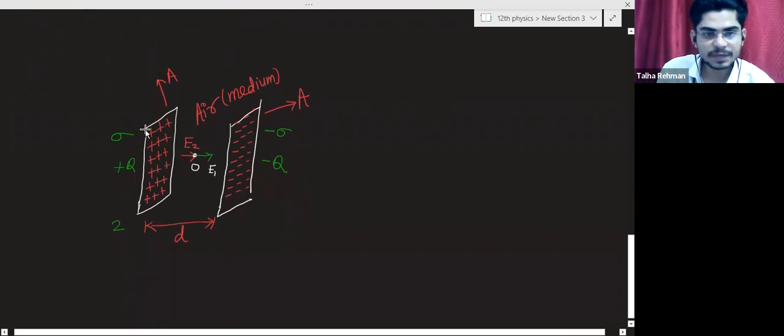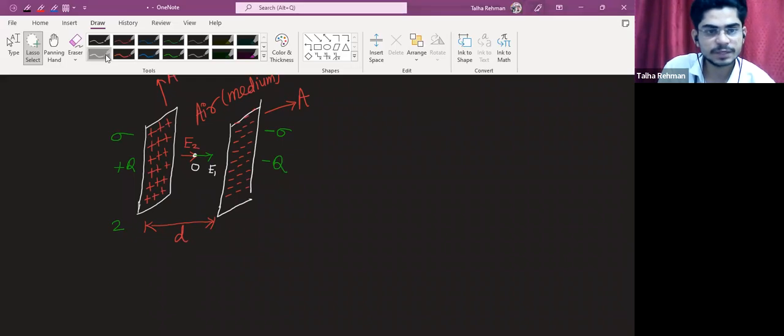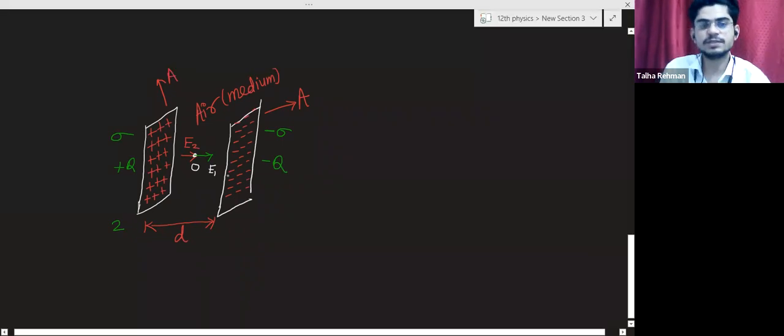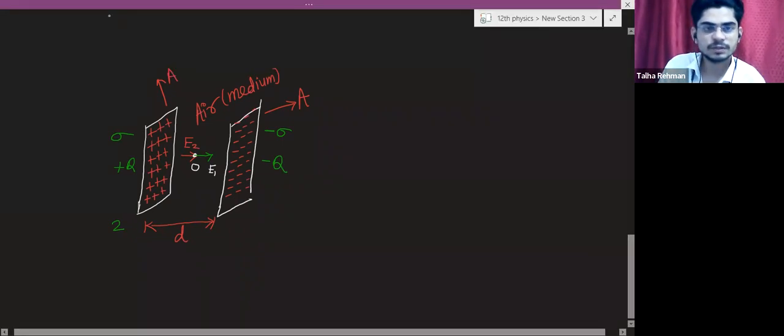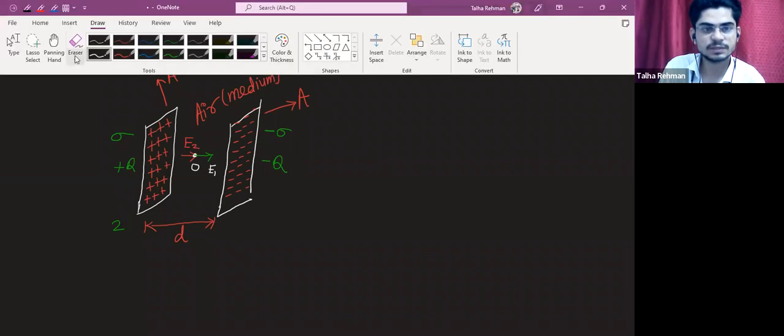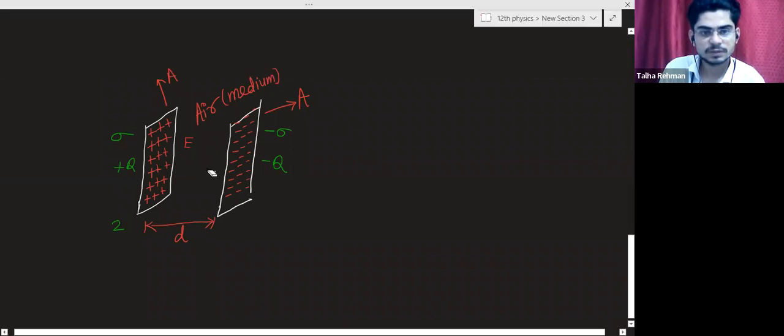We have two parallel plates. This is one plate, this is another plate, and this has a positive charge and this has a negative charge. The distance between these two plates is d.